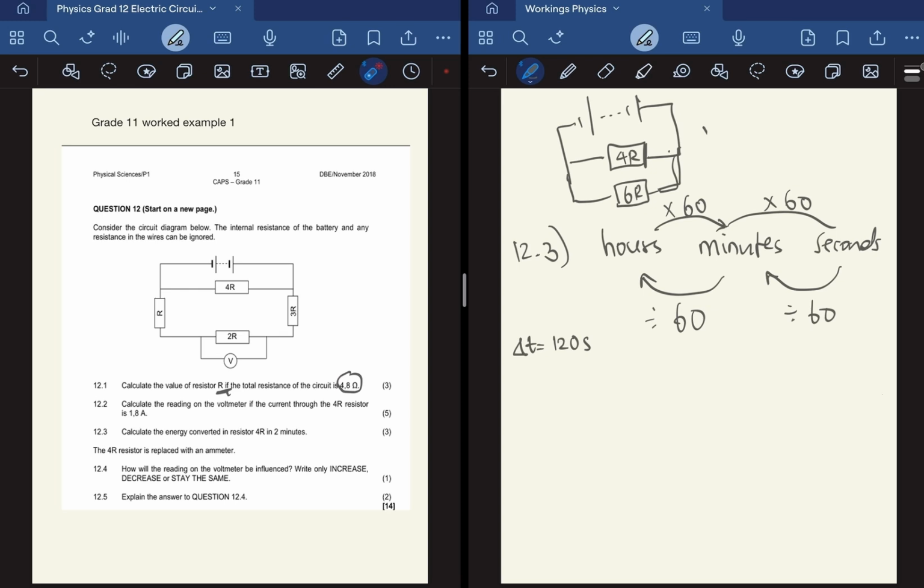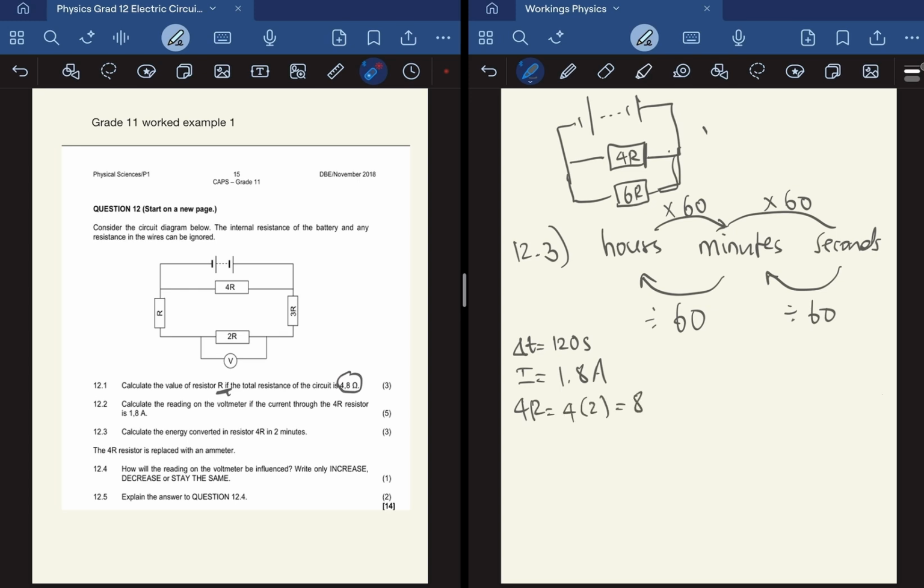For the resistor 4R, you already have the current, which was given as 1.8 amps. And then you can calculate the value of resistor R. 4R is equal to 4 times 2, which is 8.